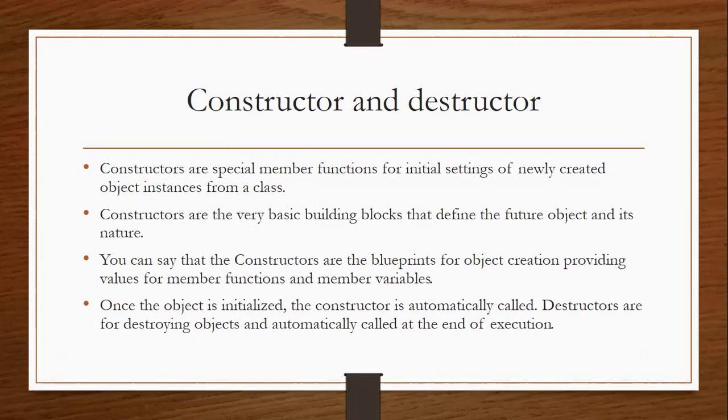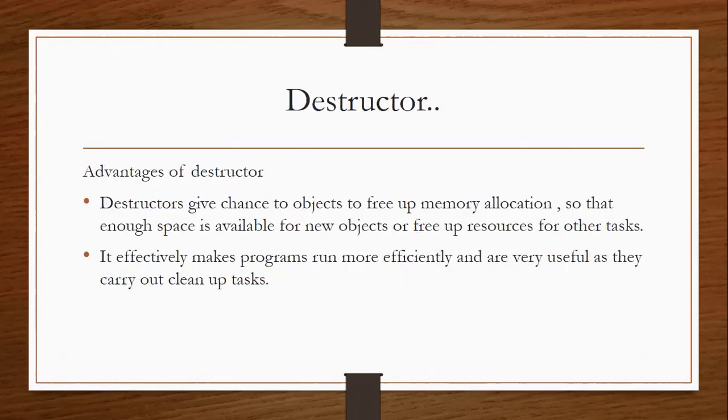You can say constructors are like the blueprints of object creation. What exactly is to be present in the object is defined in the constructor. Once the object is initialized, the constructor is automatically called. Destructors are for destroying the objects and are automatically called at the end.